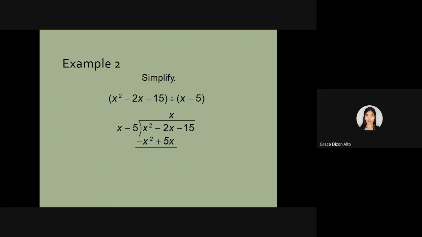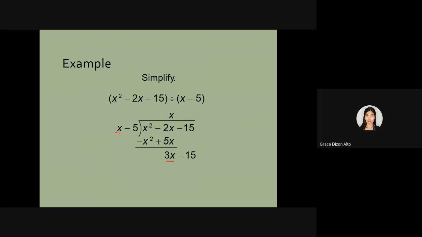Following the rules of subtraction of signed numbers, we will change the sign of our x squared so that becomes negative x squared, and our negative 5x will now become positive 5x. Combining the like terms, we get negative 2x plus 5x, which is 3x, and we will be bringing down negative 15. Same process, we will just use our first term and divide it by the first term of our divisor.